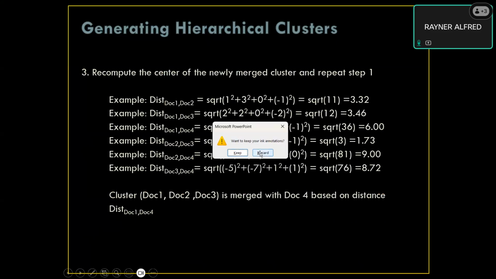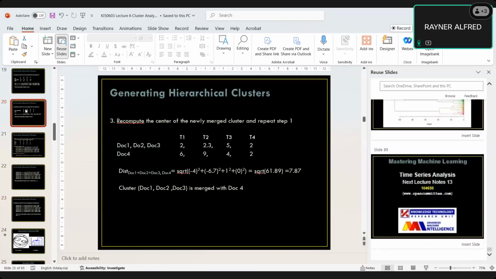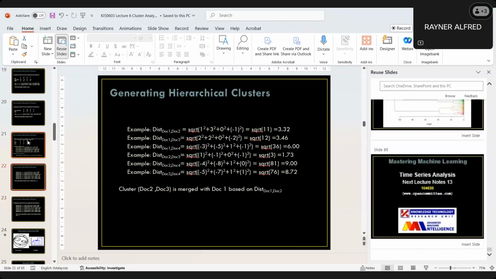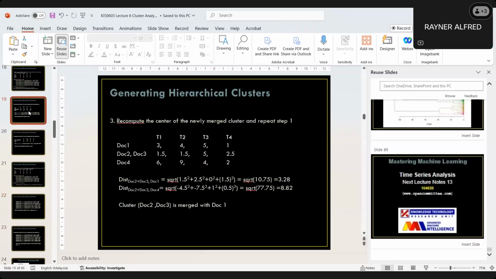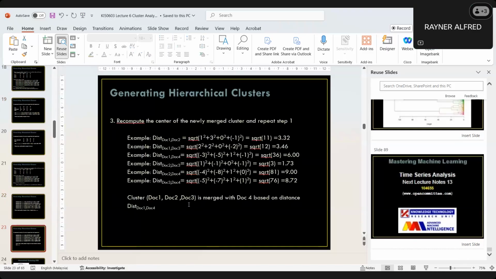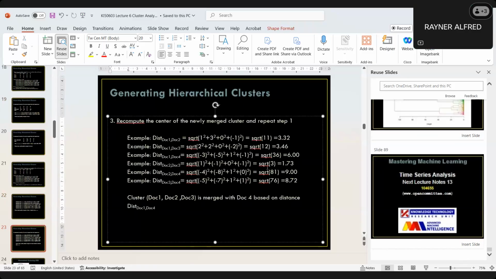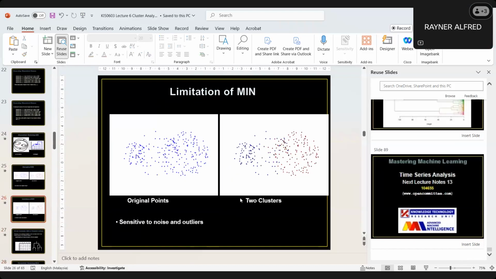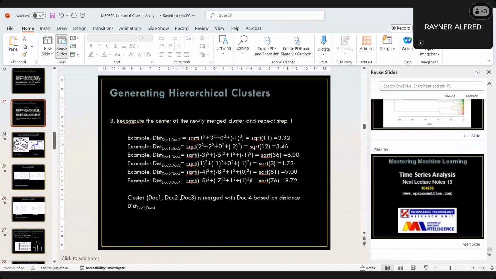Let me get the previous one here. But this is different, right? Yeah, same. So we merge that one and we recompute. Missing something here.